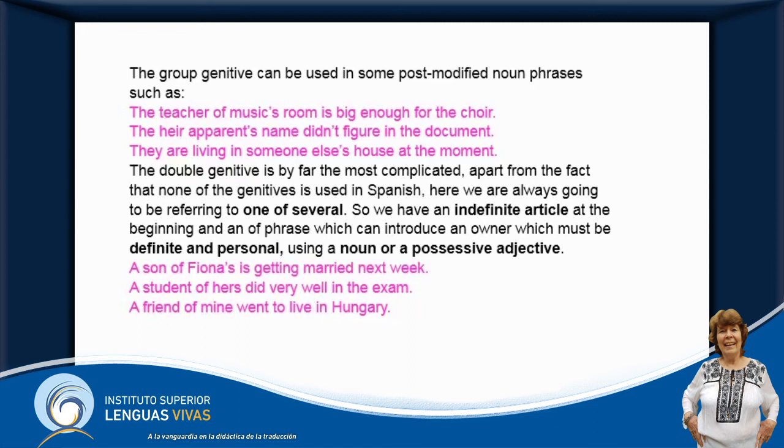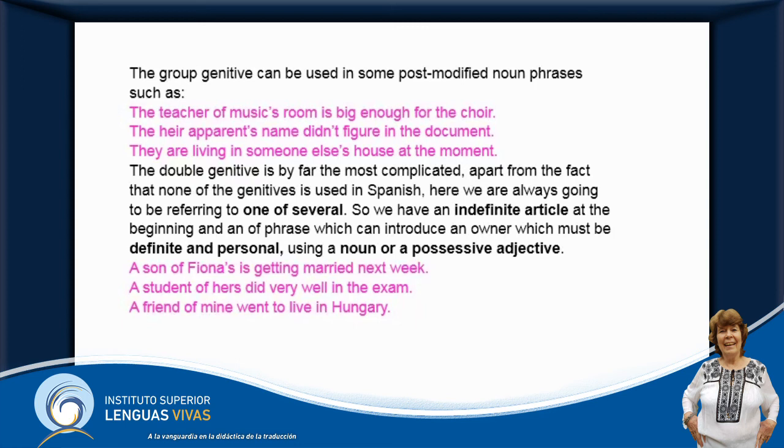This is very important because you see it quite often, it is perfectly correct, and it doesn't exist in Spanish. So when you are translating, you have to try and do it correctly.